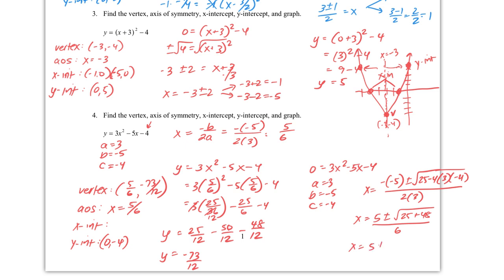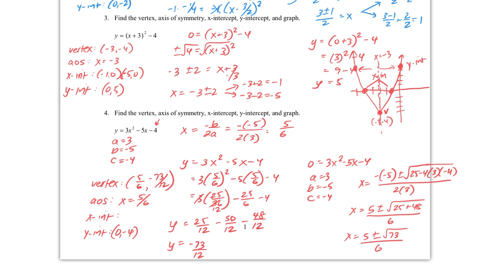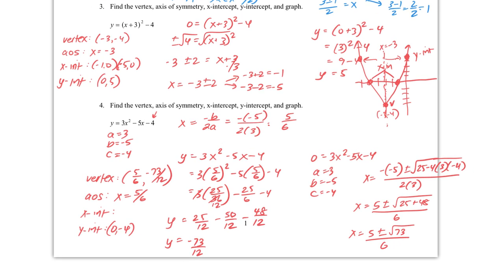And it's 5 plus or minus the square root of 73 over 6. And so once I've got that, then I know that's the x value. So my x-intercept is going to be (5 plus or minus the square root of 73) over 6, comma 0, because I write it as an ordered pair.